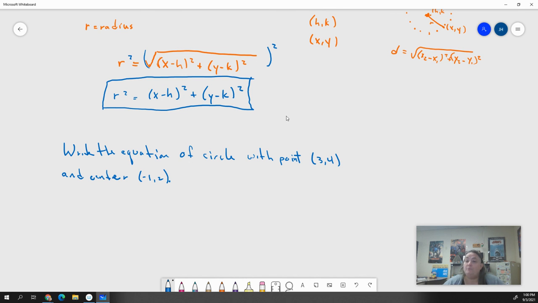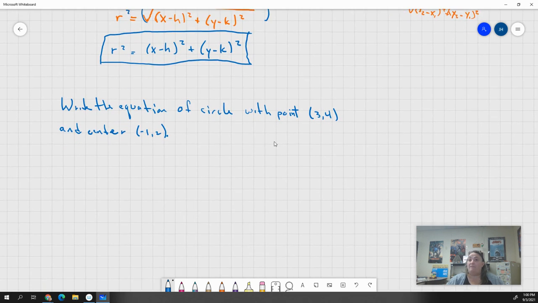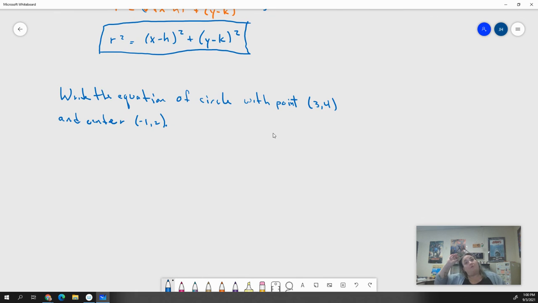So you have your 2 points. What you don't have is your r, your radius. But we know this is a point, so this is just our (x, y). This is a point too, it's our center, so we'll call it (h, k). What we don't know is the radius, but the way to find that radius is to use the distance formula.